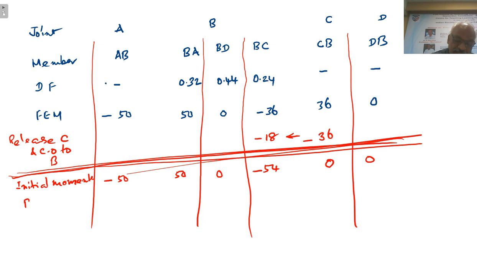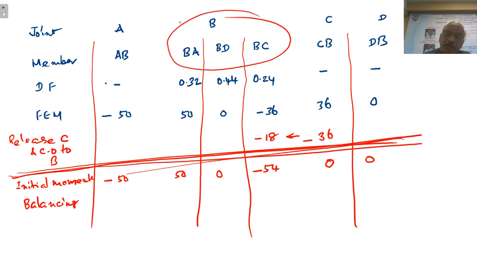Now we go for balancing. So when we do balancing, say this is 50 minus, the three members meeting at the joint are BA, BD and BC. One value is 50, other one is 0, the third one is minus 54. When these three values are added, you get minus 4.